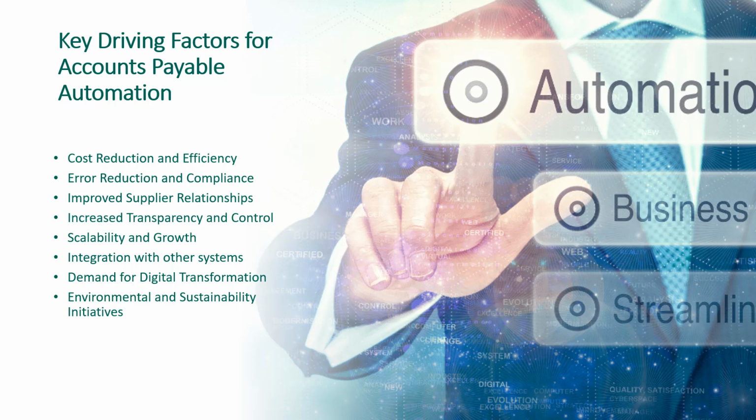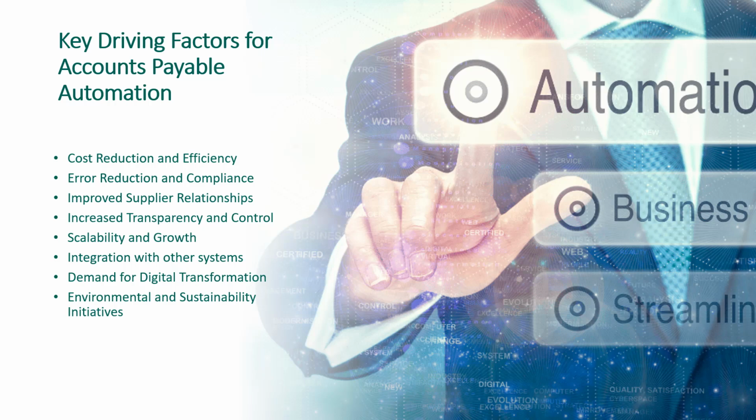And on this slide here, you'll see the first key factor is cost reduction and efficiency. It starts to reduce the cost of processing, right? The processing cost. So manual AP processes are often costly because they involve paper invoices, checks, and employee labor.